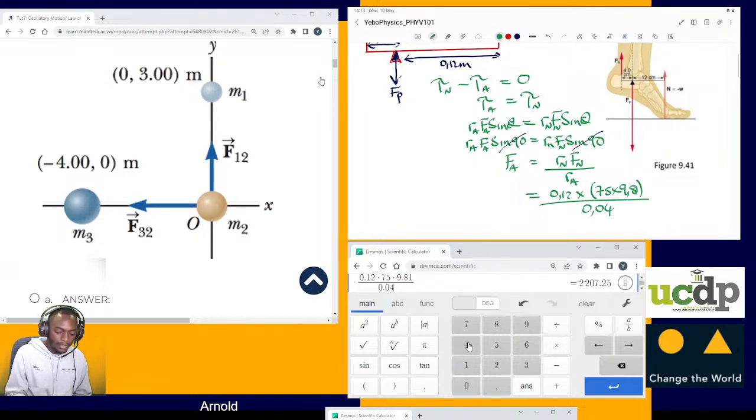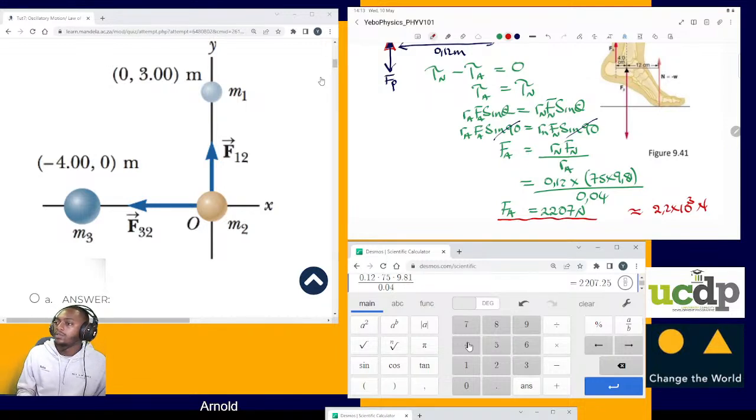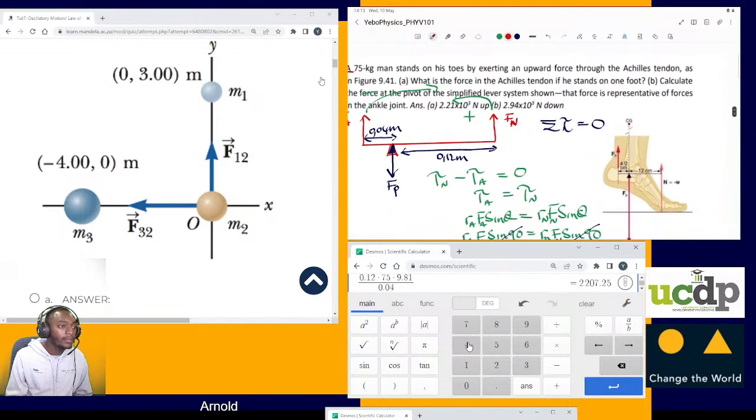We get 2000, which is the same as 2.2 times 10 to the power of 3 newtons. Okay, which is what we're expected to get anyway.